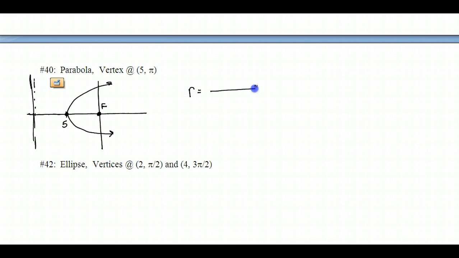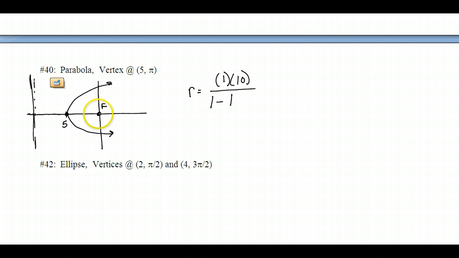So now r is equal to... eccentricity is going to be 1 because it's a parabola. The distance that we have, in this situation, remember, it's from your focus at the pole all the way to the directrix. So in this situation, it's going to be 10. And then that's divided by 1 minus, eccentricity is 1. Oops, I didn't say why we have minus.